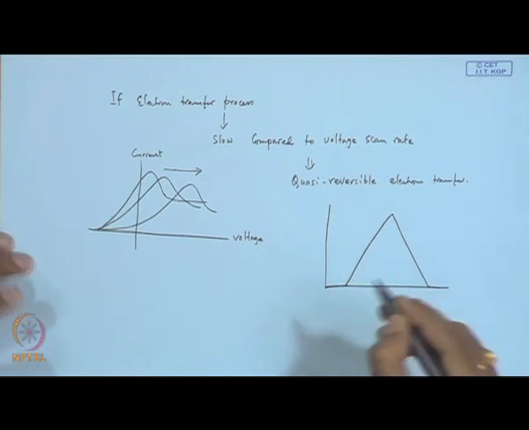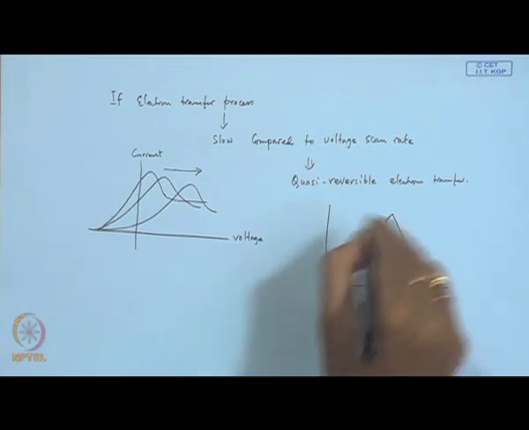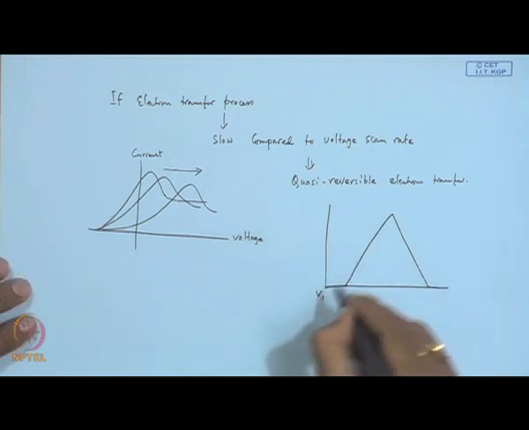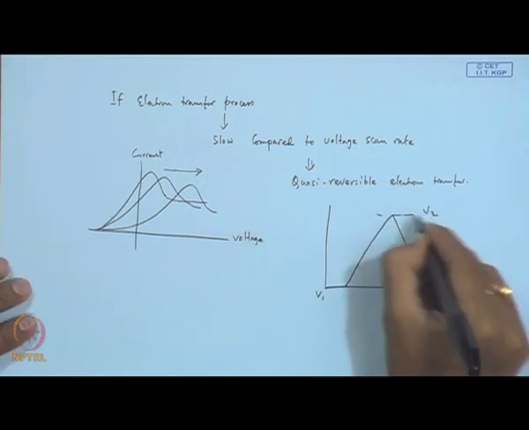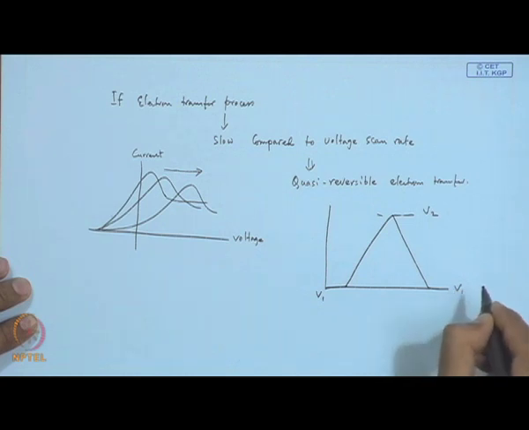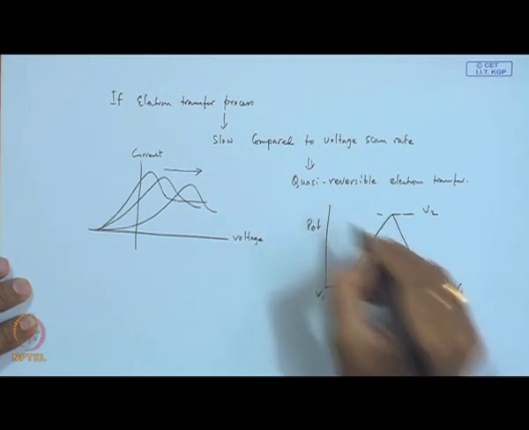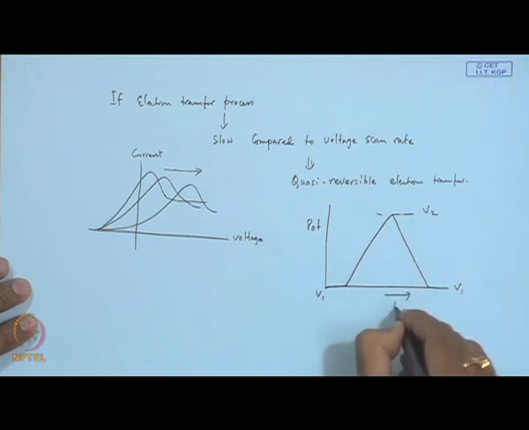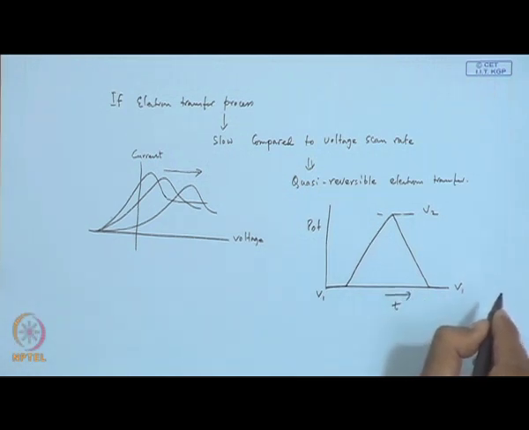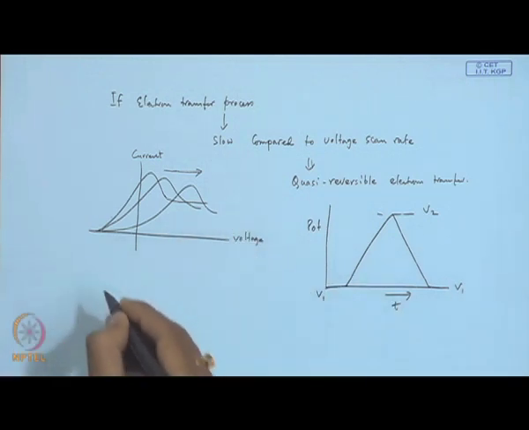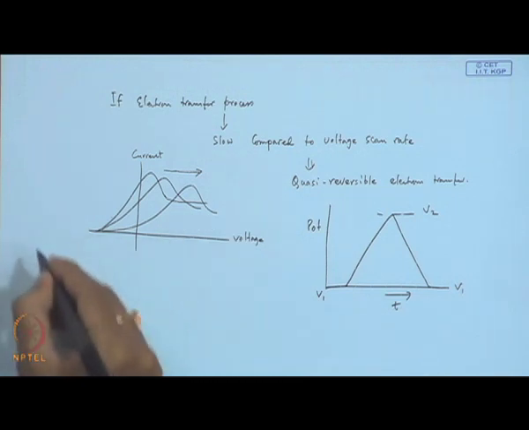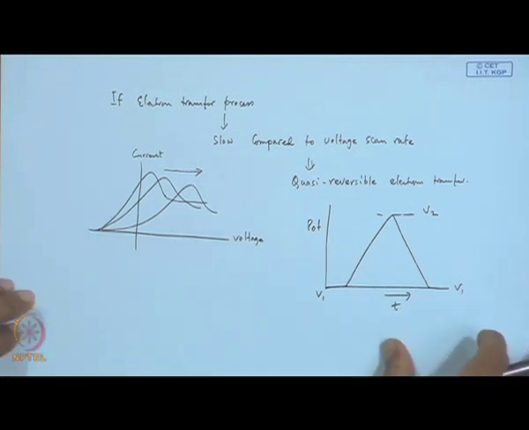So, cyclically change from say V1 to V2 and then V2 to again V1. Okay. So, this is your potential value and this is your time. So, in that case what do you expect? You expect a reversal of things, a reverse curve.